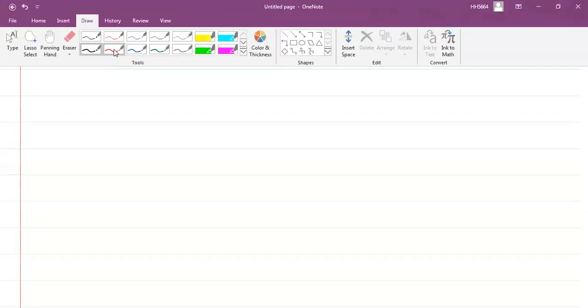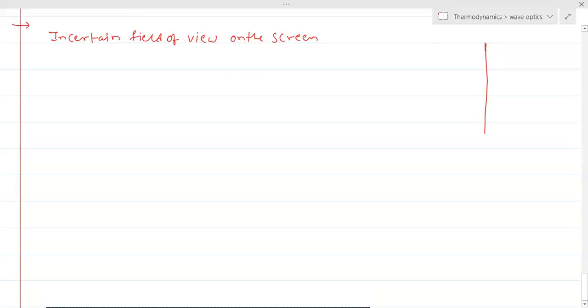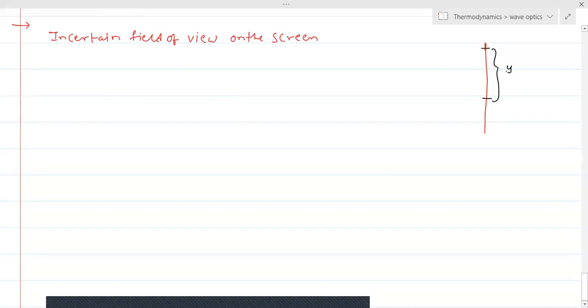This is very famous. The previous questions have major applications in the upcoming topic. In a certain field of view on the screen, which means the particular distance y is constant. Suppose this is the screen. In a certain field of view, y is constant.